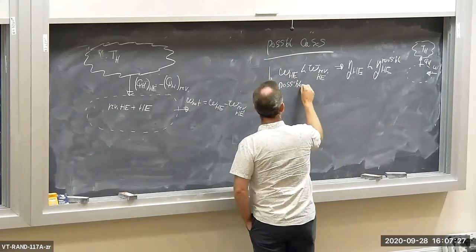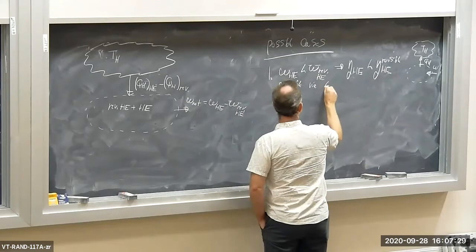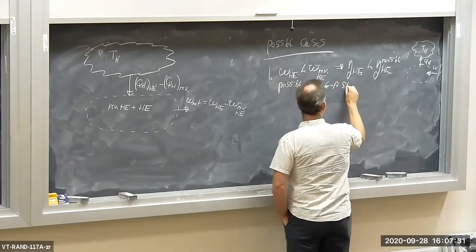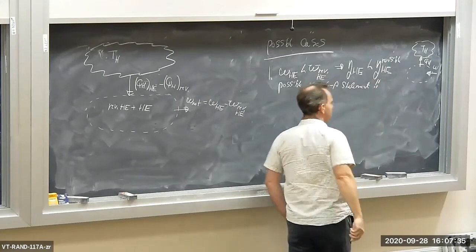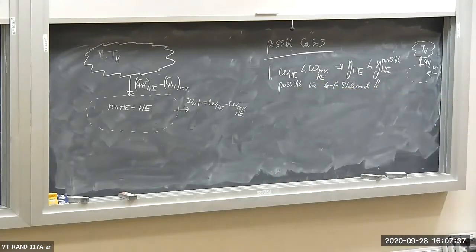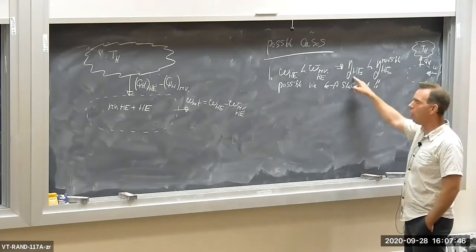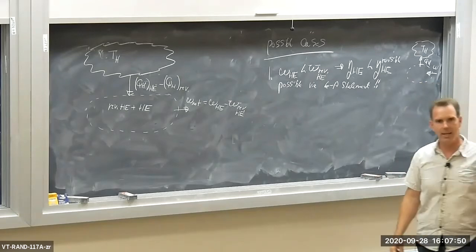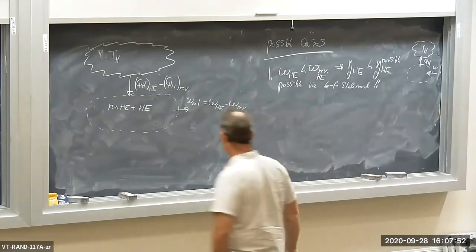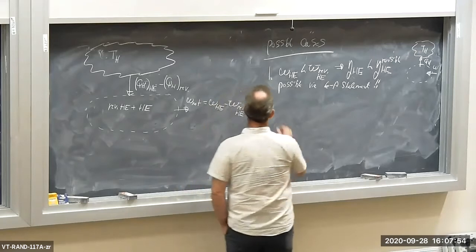Possible via Kelvin-Planck statement. So according to the second law of thermodynamics, it is possible for the heat engine to have a lower efficiency than the reversible heat engine. That is possible. Let's look at possible case number two.